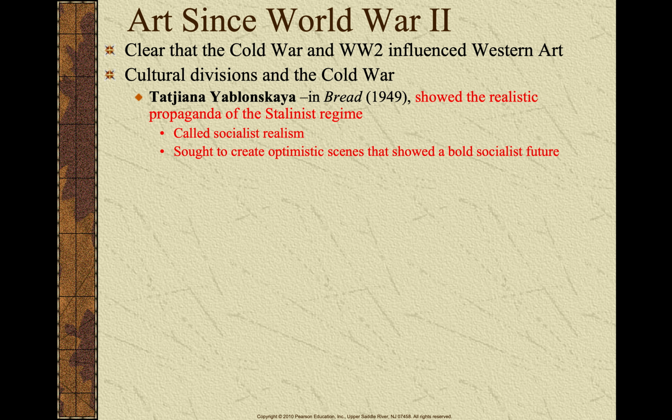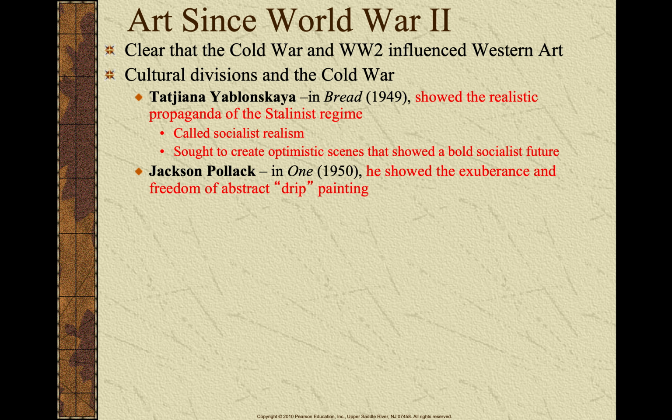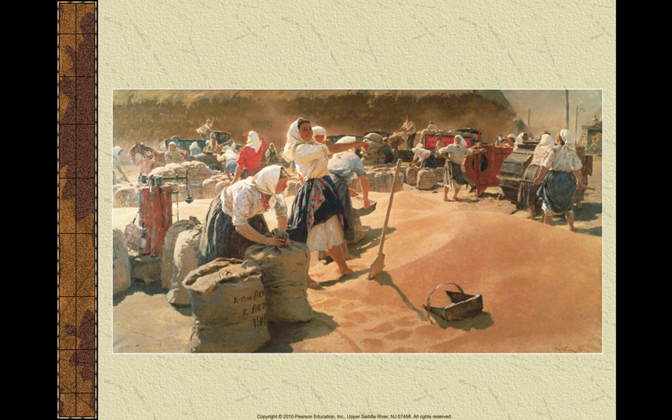And that's the propaganda aspect of this, because that necessarily wasn't always the case. Jackson Pollock is going to represent the other side of this. In his painting called One, he showcased the freedom of the West and the freedom of these democratic capitalist countries. Let me show you the paintings, and you'll see.